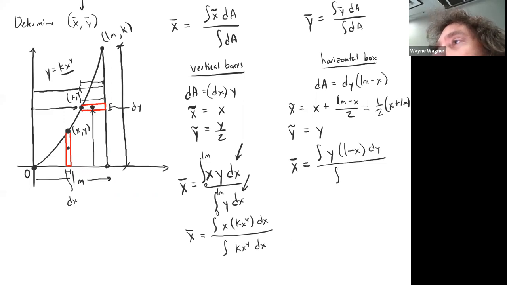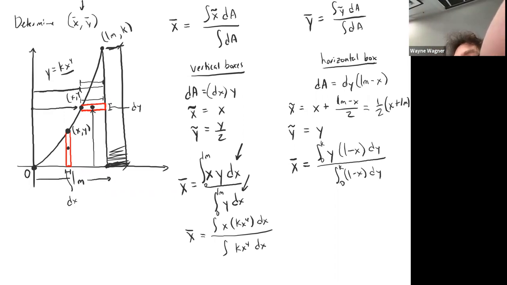So we're going to integrate 1 minus x dy. Now I need the limits of integration. Those y boxes go from 0 down here all the way up to k. So 0 to k.